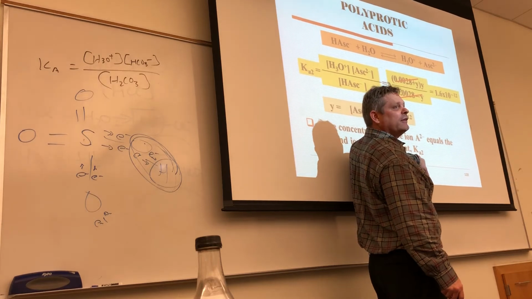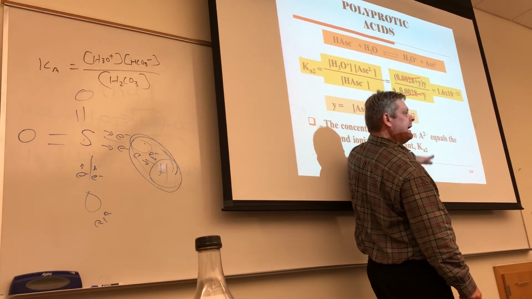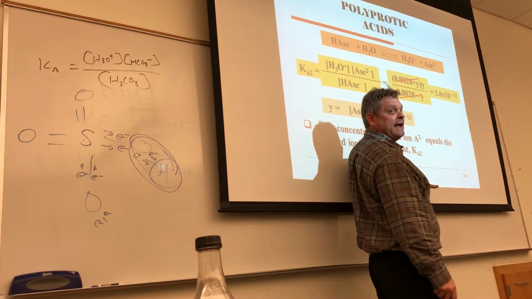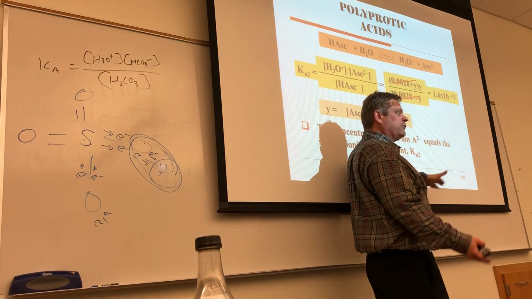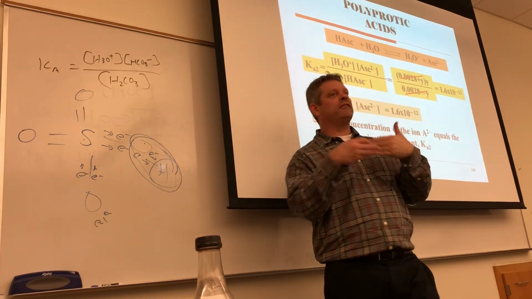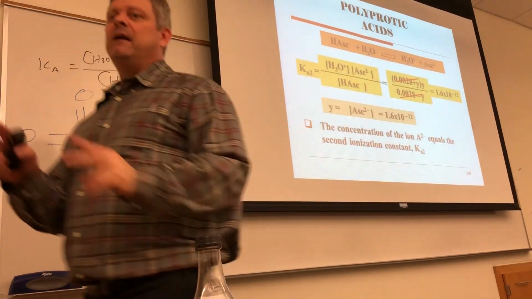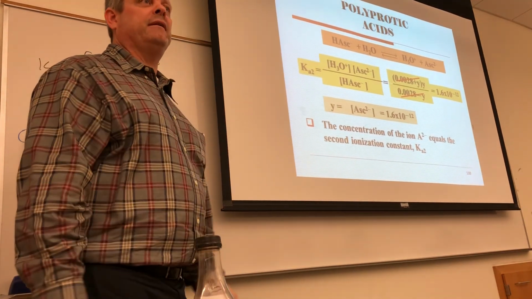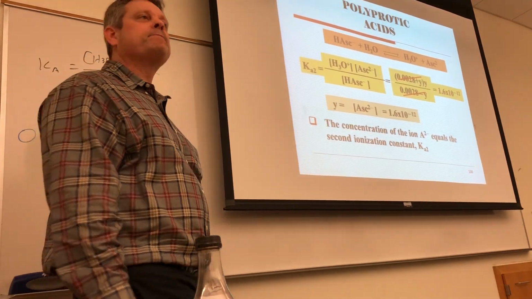With the two weak ones, you could potentially do Ka1, Ka2, but you could also just say Ka of whatever acid it is and Ka of whatever the other acid is, which are different weak acids, not coming off the same thing. So keep those things in mind. There are a lot of parallels, but there are a couple minor differences, and this is where you're seeing them, and that's what I'm trying to point out.